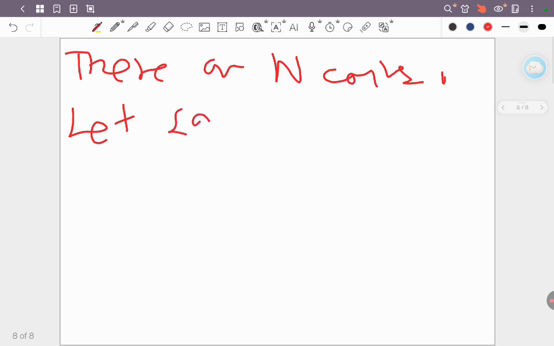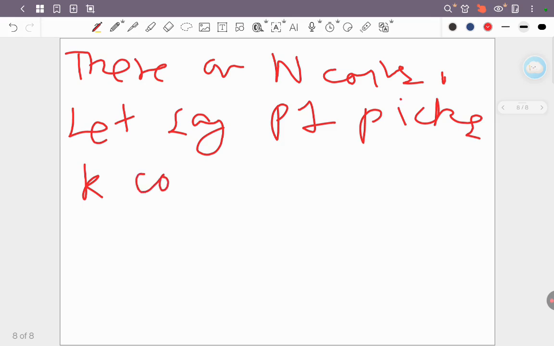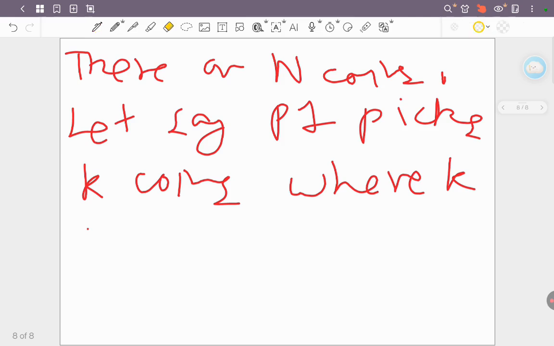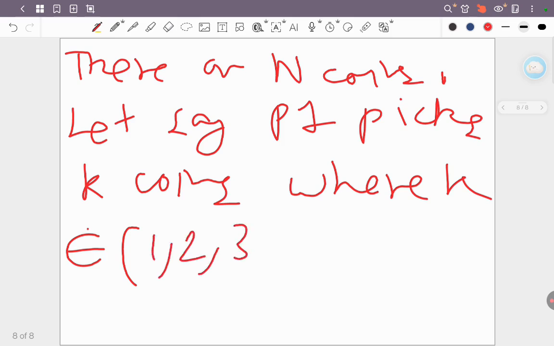Let's say player 1 picks k coins, where k belongs to, k can be 1 or 2 or 3.